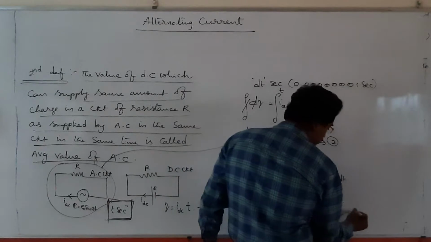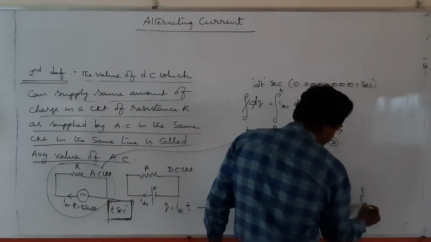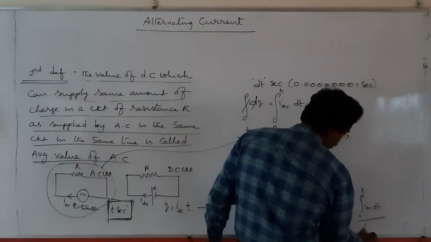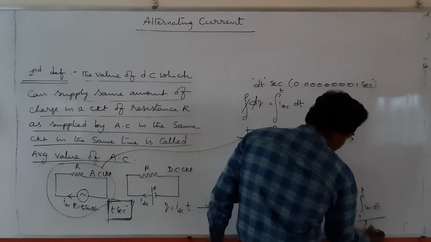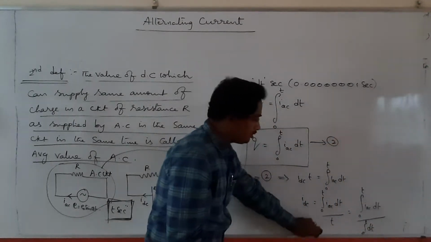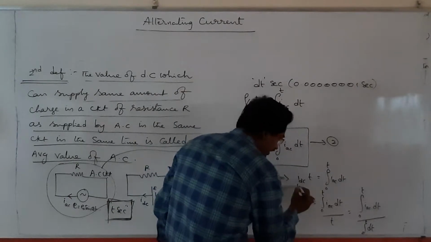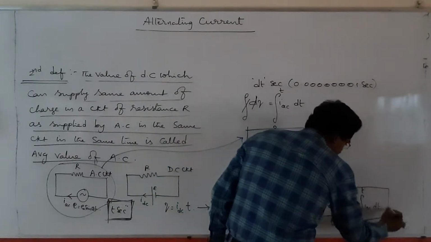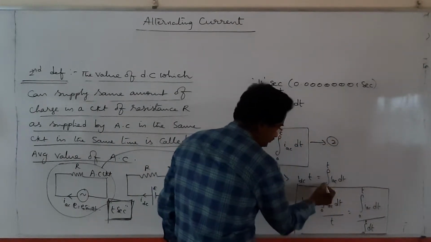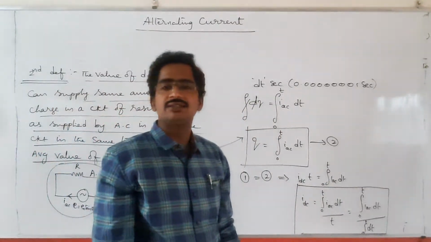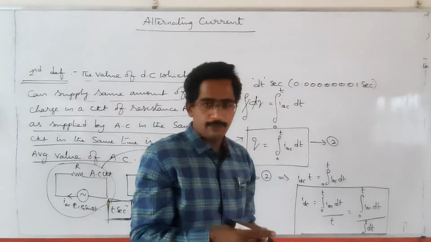We can write it as integral 0 to T IAC dt by integral 0 to T dt, since T is the integral 0 to T dt. So this is the IDC value which can supply the same amount of charge as supplied by AC.